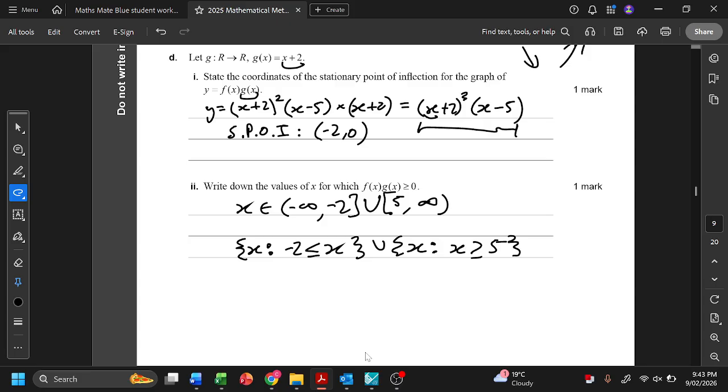You could say something like that if you want to use set notation. That's these curly brackets. So there are a couple of options for how you can express that.